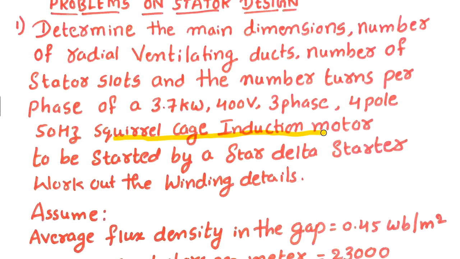You have studied the basic difference between them. Here it has to be started by a star delta starter. We have different starters like the DOL starter, auto transformer starter and star delta starter. Here they have used the star delta starter.